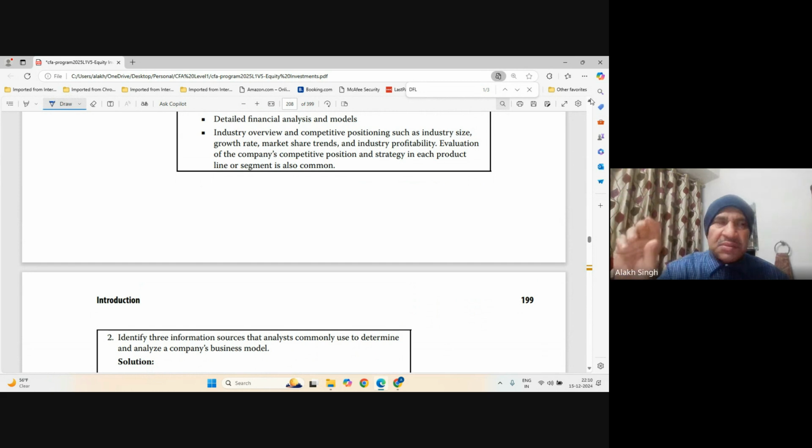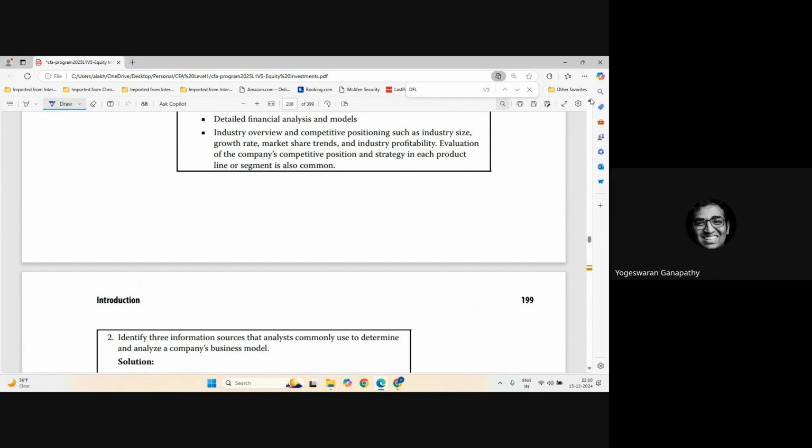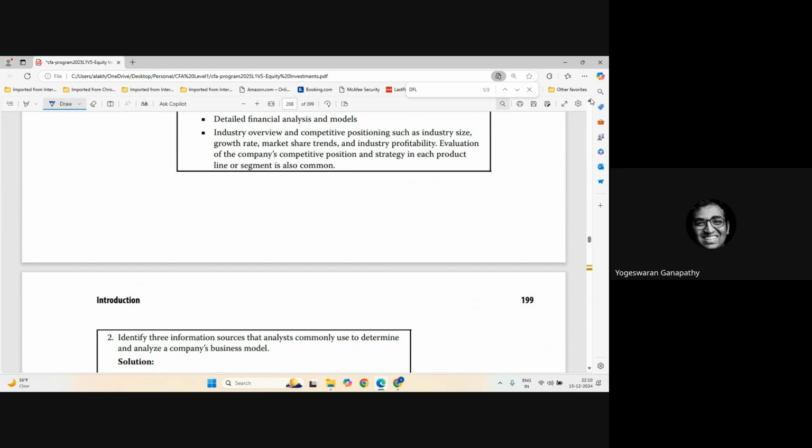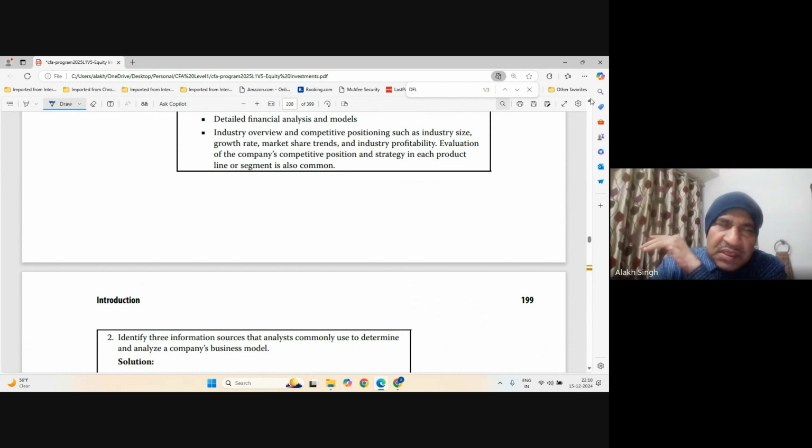Then the industry report, industry GDP report and industry growth and all those things. That is publicly free available information. The first one is company provided free information, the second is publicly provided free information, and the third one?